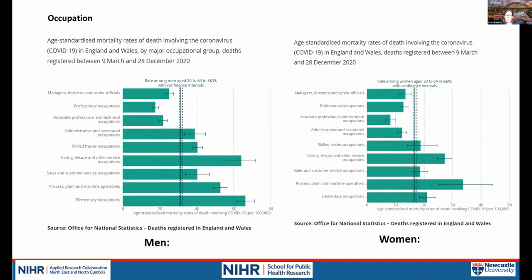And you can see that for both men and women, there's broadly speaking a social gradient, an occupational gradient in mortality rates, some exceptions, for example, with caring, leisure service occupations, for reasons that I'll come on to when we talk about pathways. But broadly speaking, the more elementary occupations have much higher rates of mortality than the more senior professional occupations. And again, this is a pattern that's reinforced within literature, for example, from other European countries.